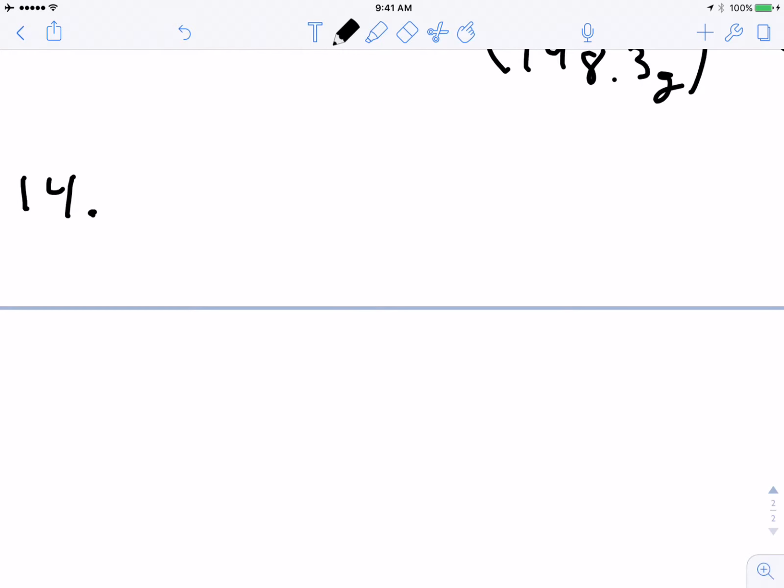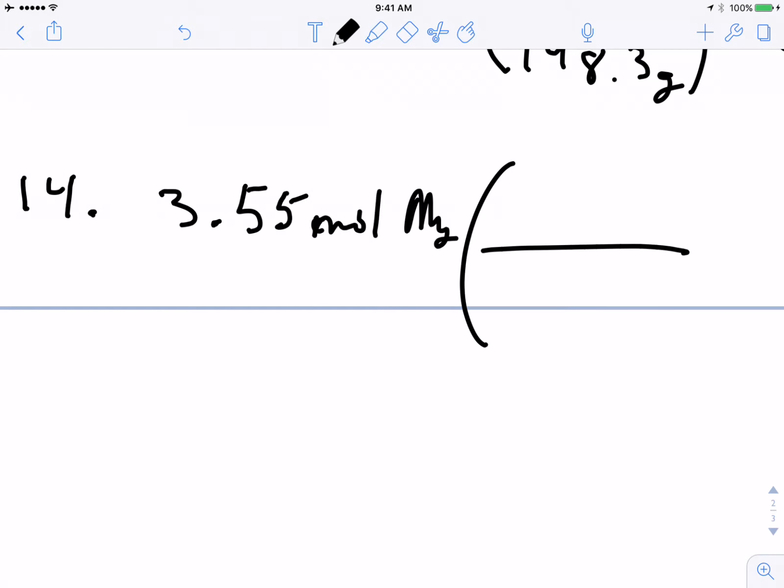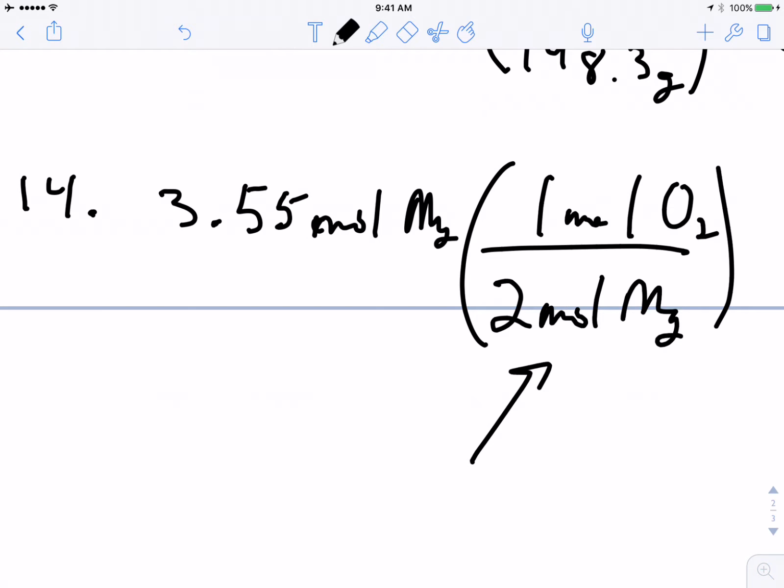What are we given? We're given 3.55 moles of magnesium, and I have a molar ratio of 2 moles of magnesium to 1 mole of oxygen. Now this is the molar ratio, and we get this because we see the word needed.